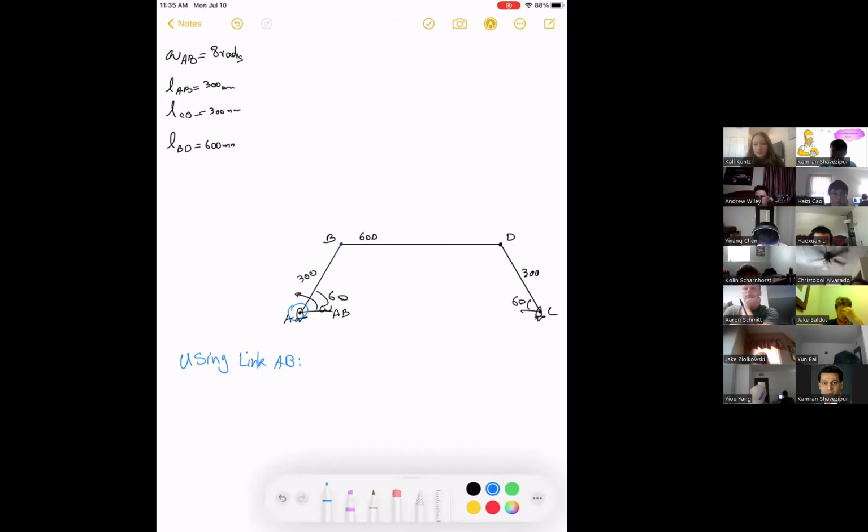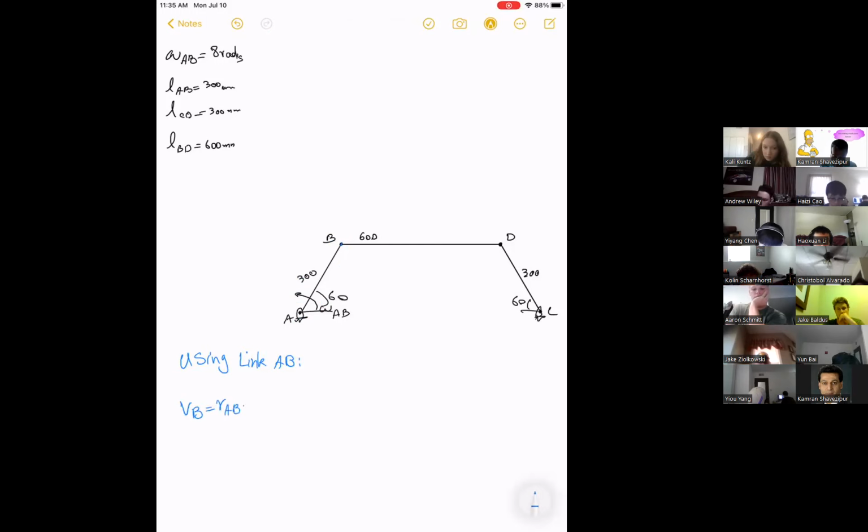And if that's the case, velocity of B is going to be RAB times omega AB, right? Sorry, not VAB, VB. Don't mix this up. We don't have VAB. We have omega AB, but for points, we only have V.